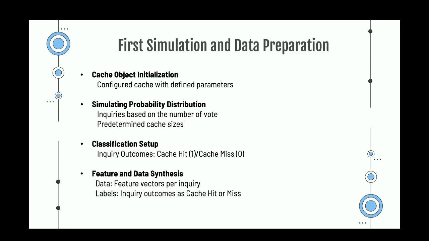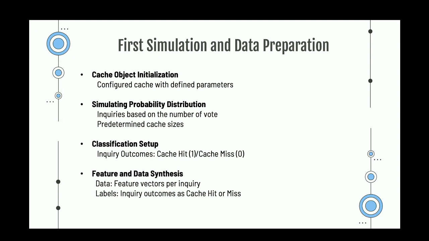For example, if a given movie has more votes compared to another movie which has fewer votes, then that movie will be more likely to be accessed in another inquiry.